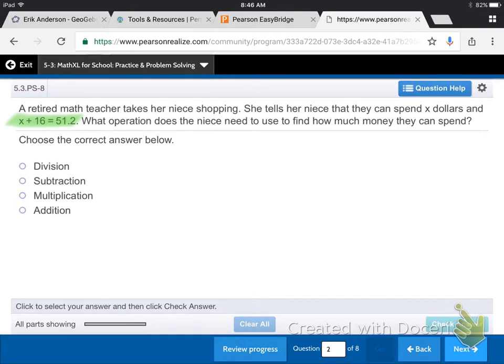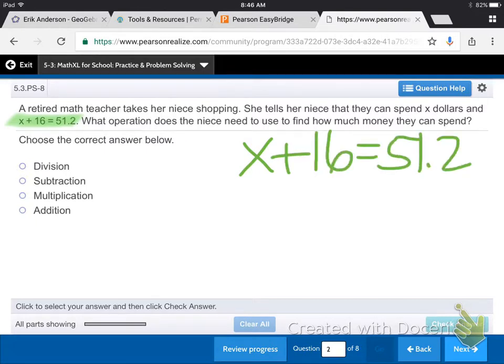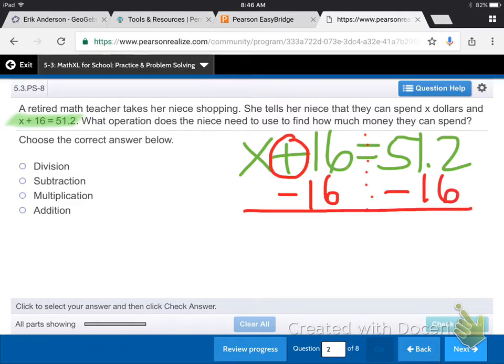Okay, well first, if we write this down, then we know that we have to do the inverse of what we see right here. And the inverse is subtraction of 16, and here's our fence, of both sides of the equation. So we're going to subtract, right? So we would choose subtraction.